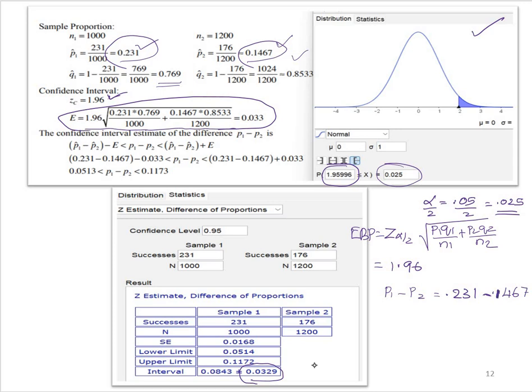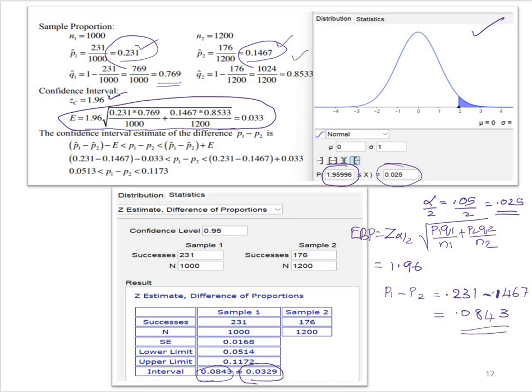So subtract that, you will get P1 minus P2, the difference of that one will be 0.0843, and that is the point estimate, and then add that to the error.